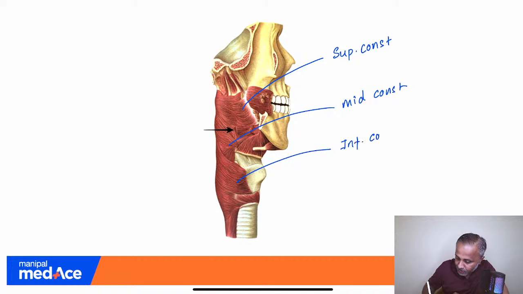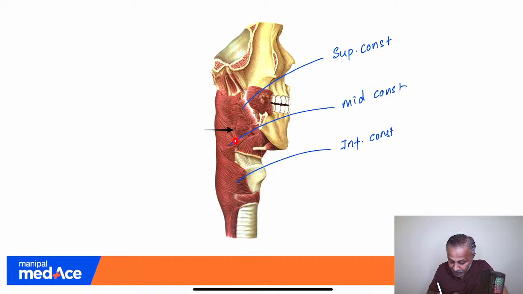How do we identify these? Take a look at this raphe, the pterygomandibular raphe, which is the primary origin of the superior constrictor muscle. So this is your superior constrictor.